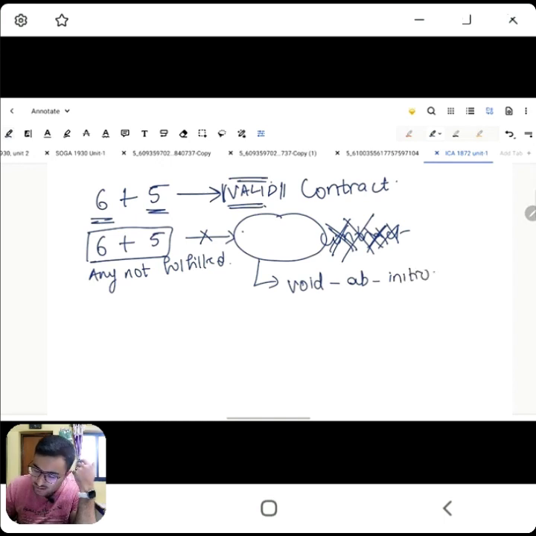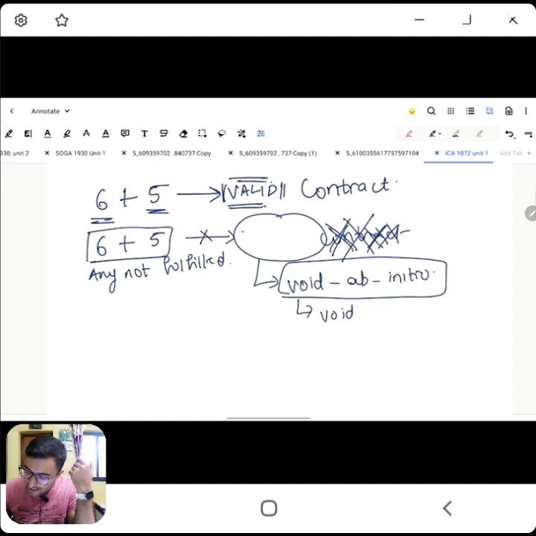What is the meaning of void ab initio? Please write in the comments below. You will call this void ab initio, or you will call this a void agreement. Please understand this very, very carefully. This concept is very, very, very important, right?